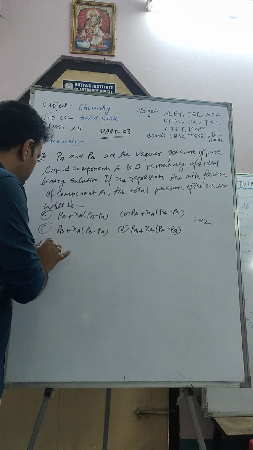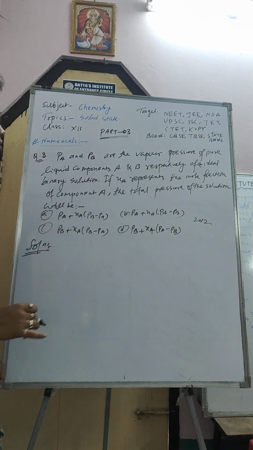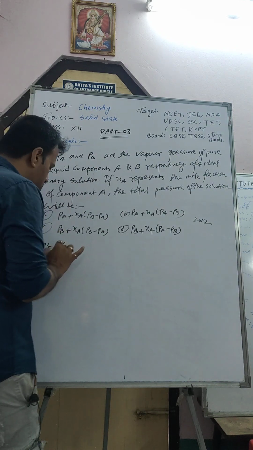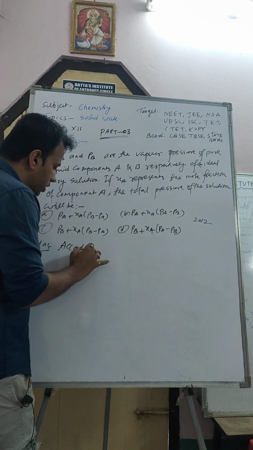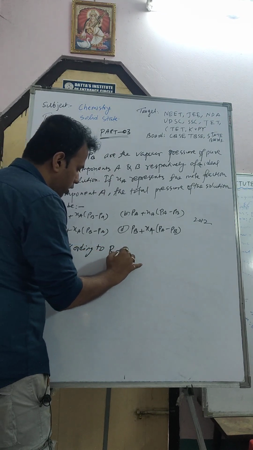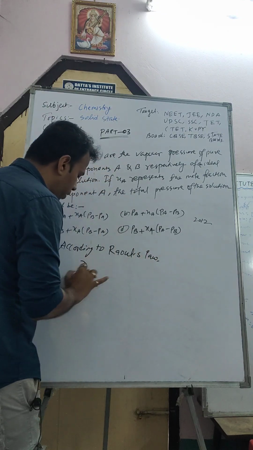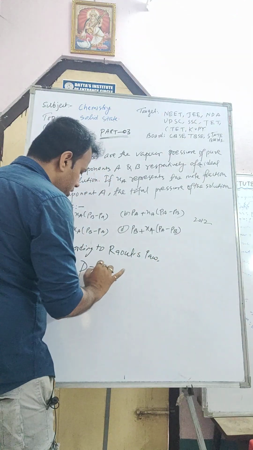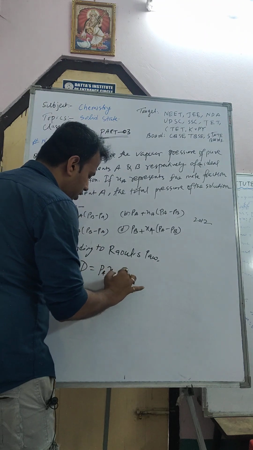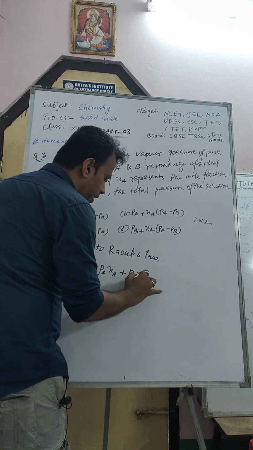Let's check. According to Raoult's law, the pressure P is PA XA plus PB XB.